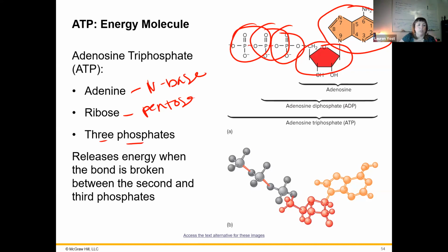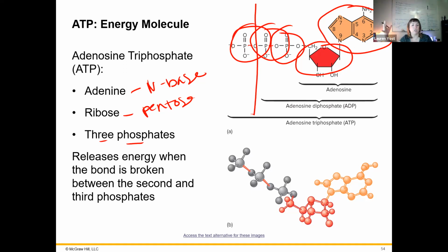Okay. So this is our energy molecule. I don't want to give it away too much yet because we're going to talk about this a lot in the metabolism chapter, and also have our end of chapter question that has to deal with this, FYI. But so you see all these negative guys near one another. So energy is going to be released whenever we break the bond between the 2nd and 3rd phosphate. So, at the end, clip the end one off there.